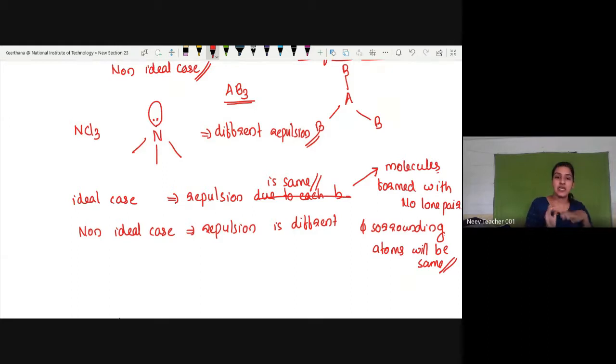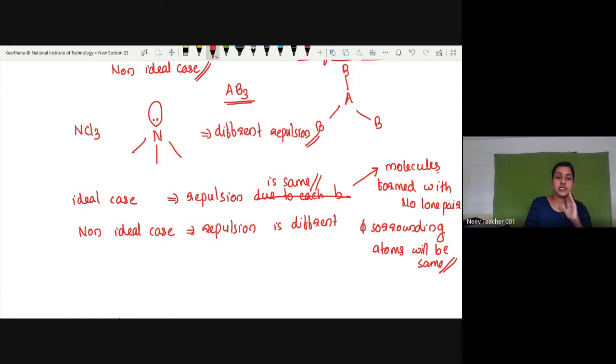So there are ideal and non-ideal cases. Ideal case means all bonds have the same repulsion, and those cases are like linear, trigonal planar, pentagonal bipyramidal, trigonal bipyramidal and octahedral. And all the atoms should be the same.